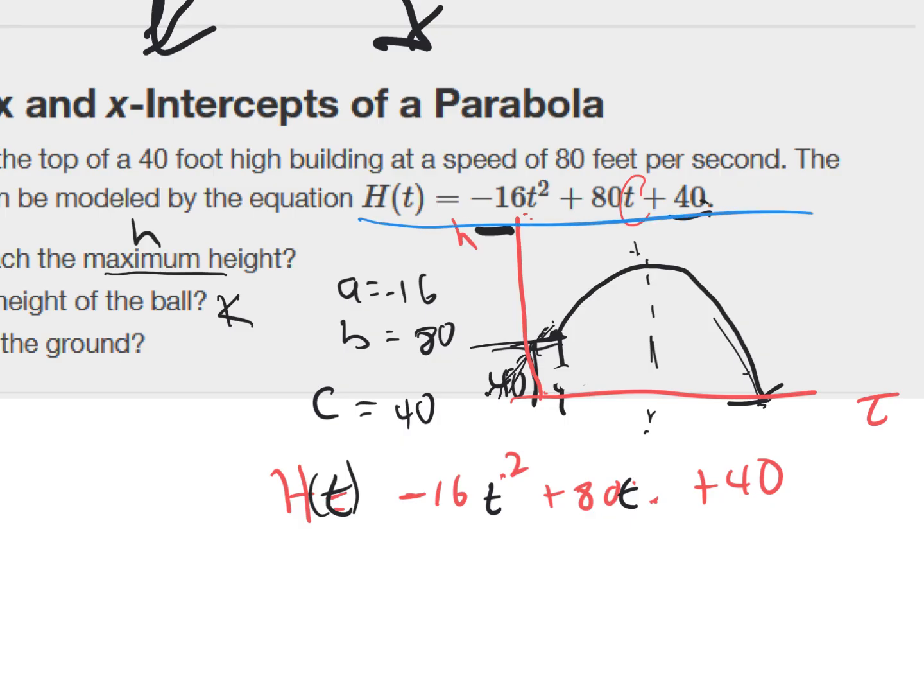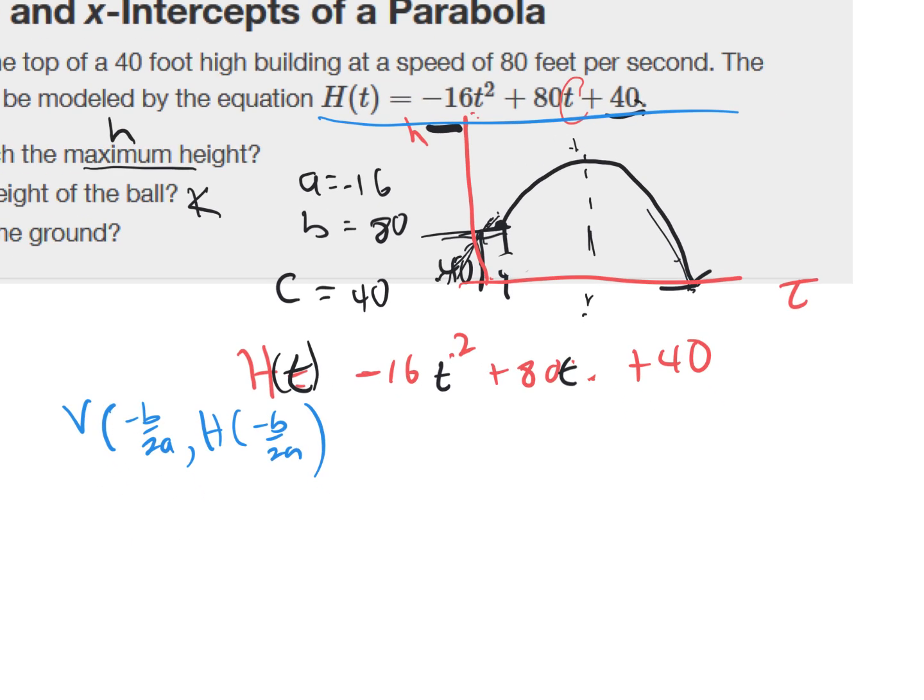So what's my vertex? Remember again, vertex is found at minus b over 2a, comma, in this case, h of minus b over 2a. So let's find that first. Minus b over 2a is minus 80 over 2 times negative 16, which is minus 80 over negative 32.